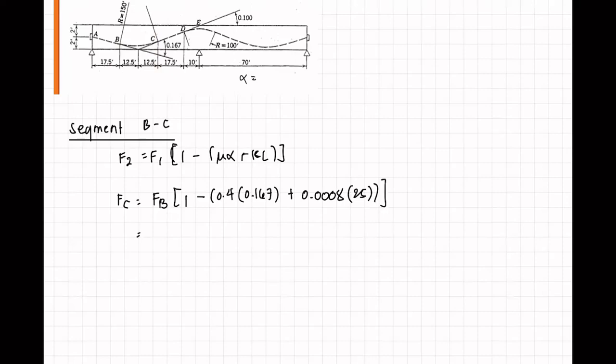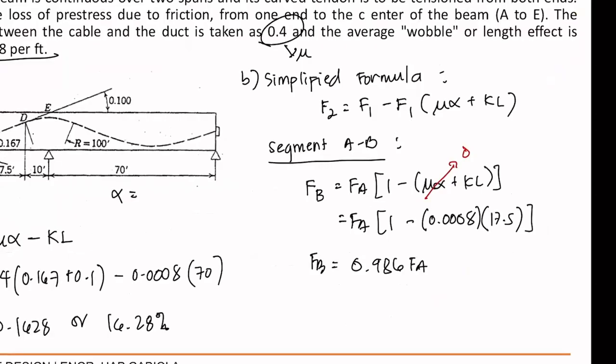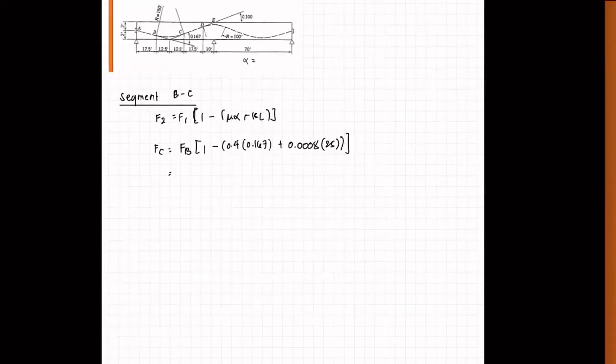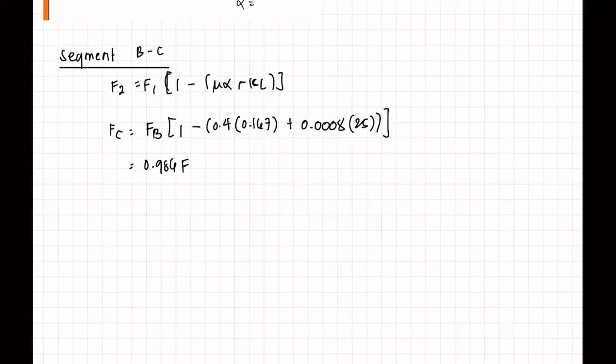Si FB as calculated natin is 0.986 ng FA. So 0.986 ng FA times, kung ano man yung mag-answer nito, 0.4 times 0.167 plus 0.008 times 25. Then 1 minus that answer, we have 0.9132. And then FC natin, multiply lang natin yung dalawa, will be equal to 0.900 FA. Okay? So ito yung para sa segment BC.